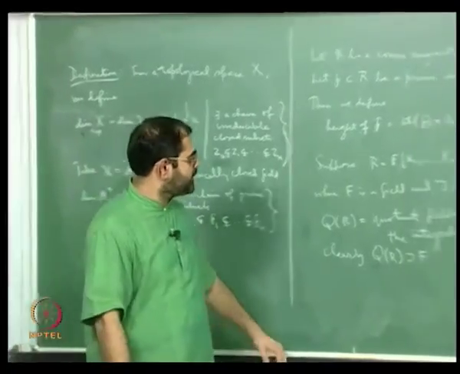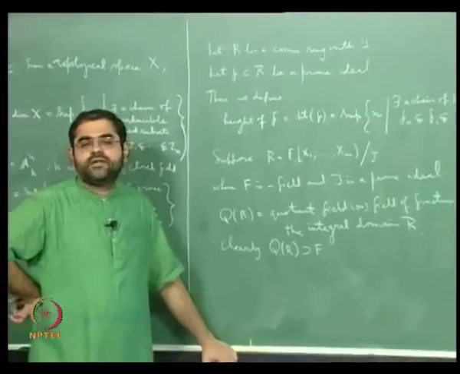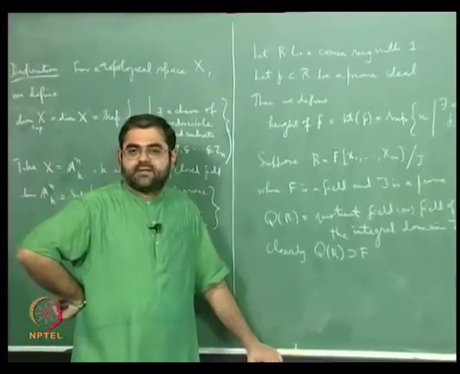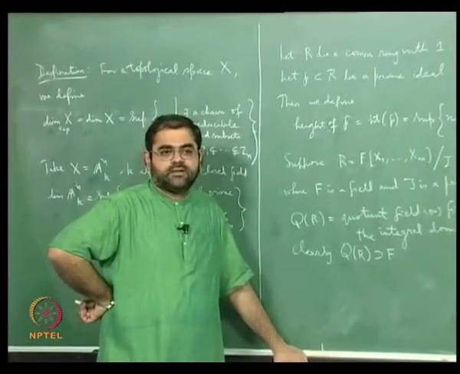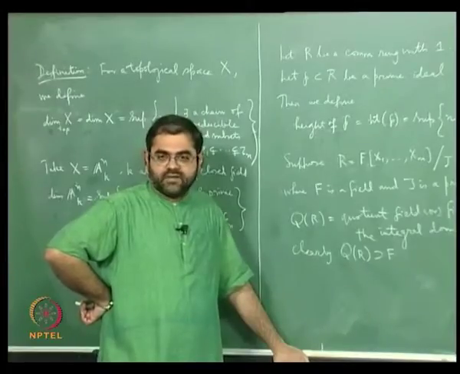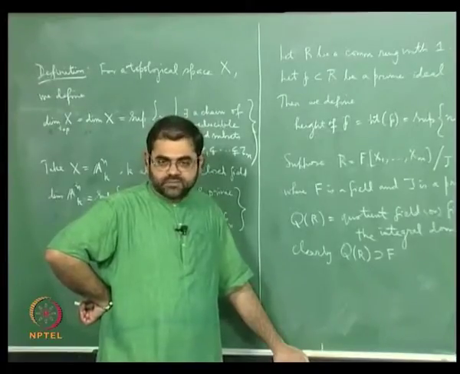So the moral of the story is that you do have fields which have transcendental elements. So R, the field of real numbers, is transcendental as a field extension over the field of rational numbers.